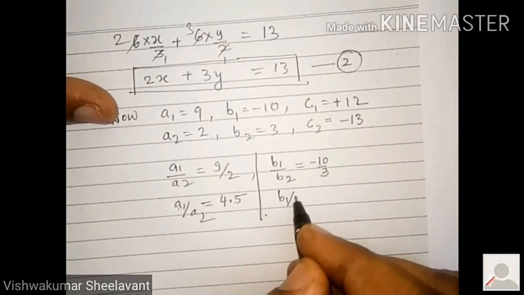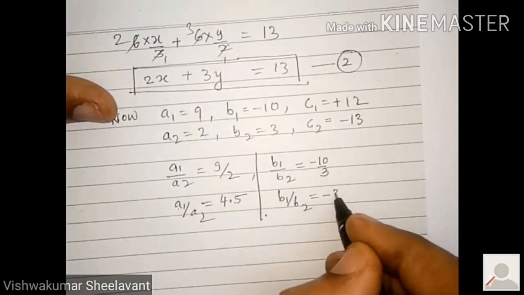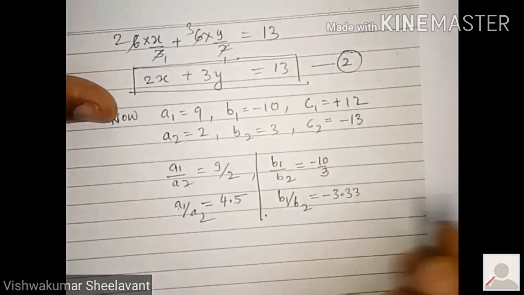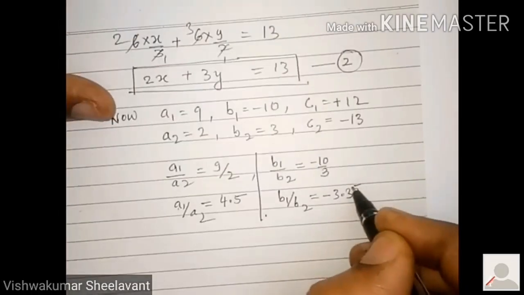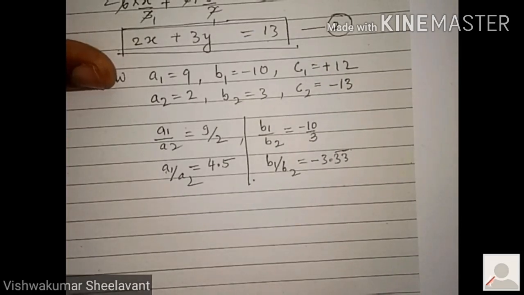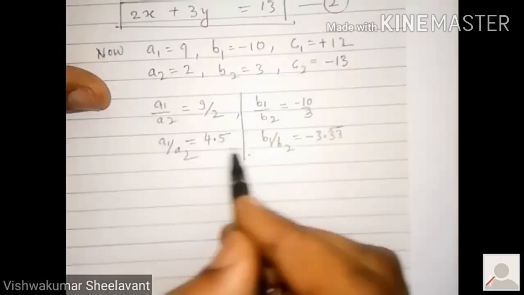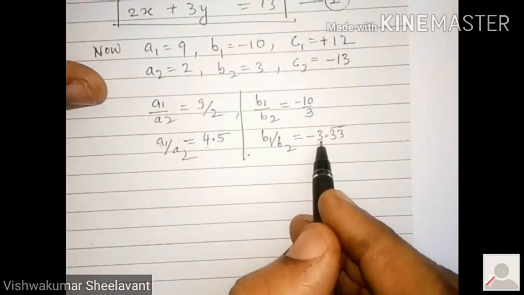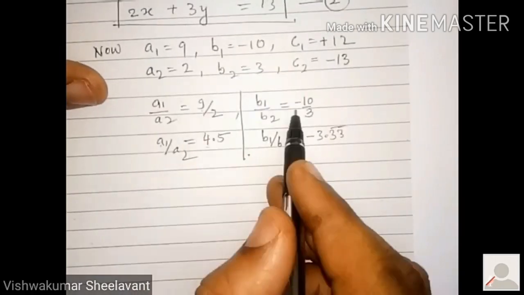What will be B1 by B2? 10 by 3. That means minus 3.333. Actually, it is 3.33 bar, or 3.3 bar only you can also write. So A1 by A2 is not equal to B1 by B2. You can see the sign and write directly also. One is positive, one is negative.